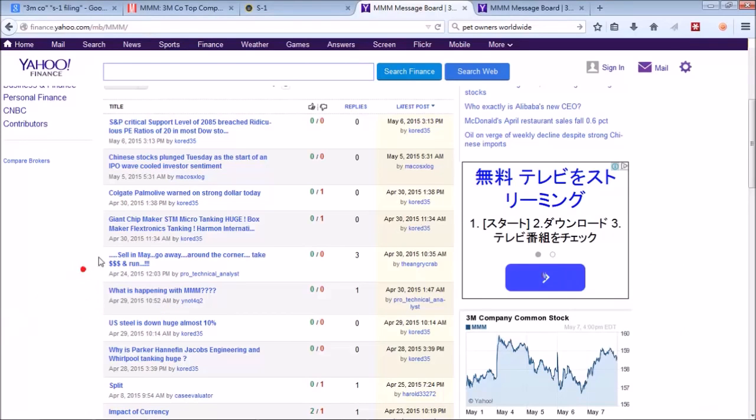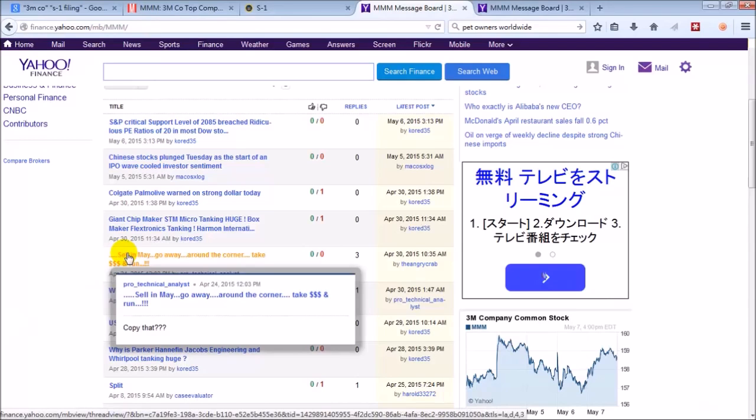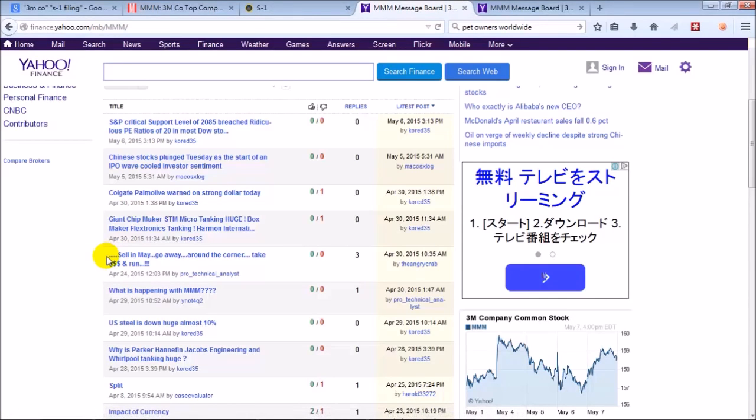So here this guy says sell in May, go away. He's using a majority rule that doesn't apply today because this May is in a very strong year. Even though May historically is a bear market, if you divide the statistics up into different years, you'll find that years that end with 5 and years prior to an election year are strong years even in May.